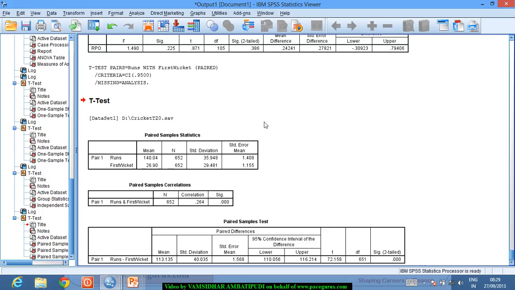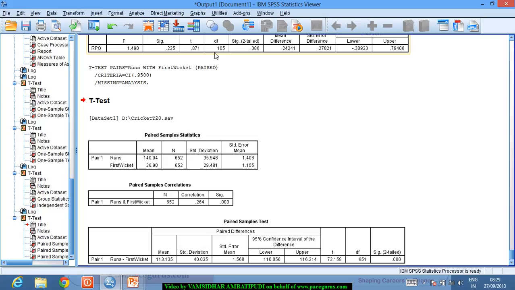Now you see that the mean runs is 140, whereas the mean first wicket partnership is 26.9. I want to check the differences. Is there a significant difference between the total runs and the first wicket partnership?